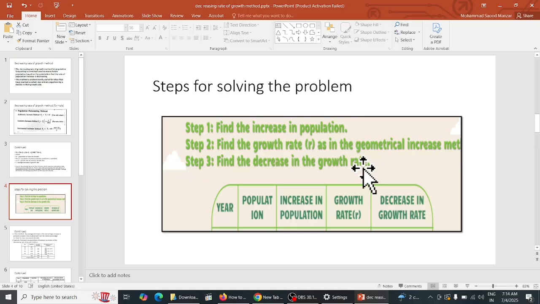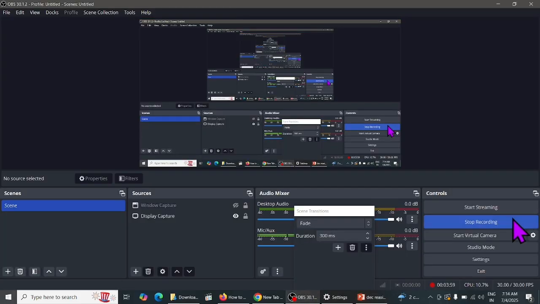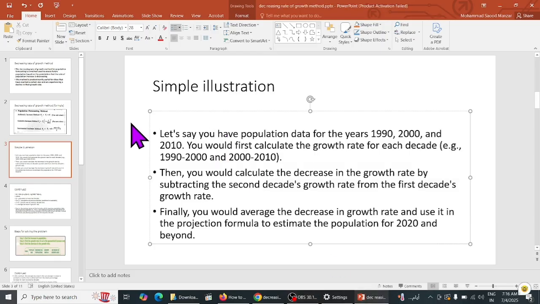Now let us understand a simple example. In continuation with the decreasing rate of growth method, here we have the population data for the years 1990, 2000 and 2010. First you have to find the growth rate for each decade, for example 1990 to 2000 and 2000 to 2010.